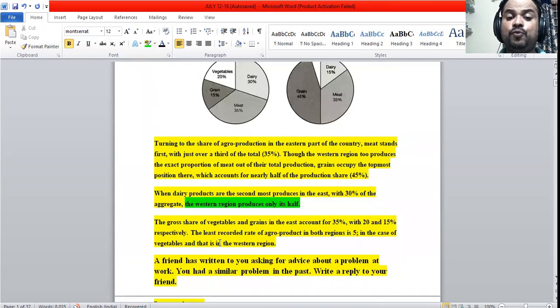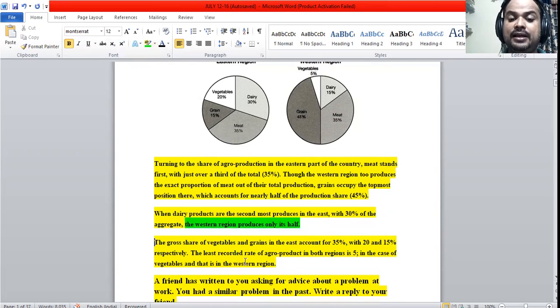The gross share of vegetables and grains in the East accounts for 35%. In the East, the gross share of vegetables and grains, so 20 plus 15%, that is 35%. Yes, of course. With 20% and 15% respectively, yes, it is clear.